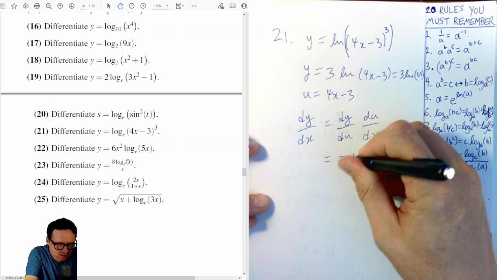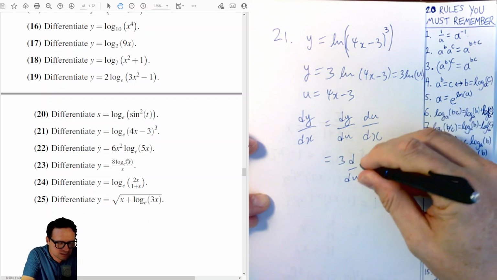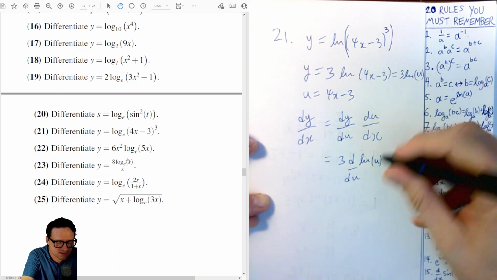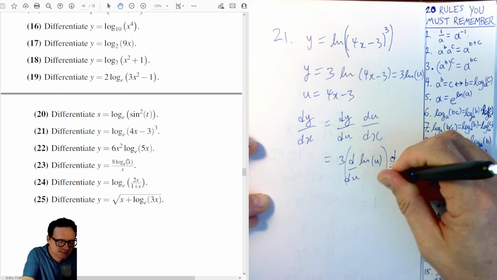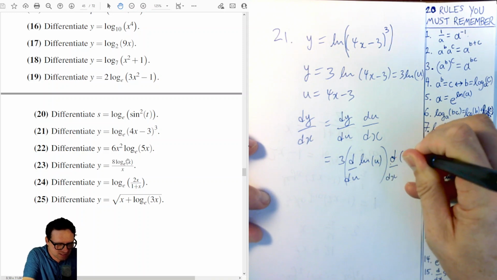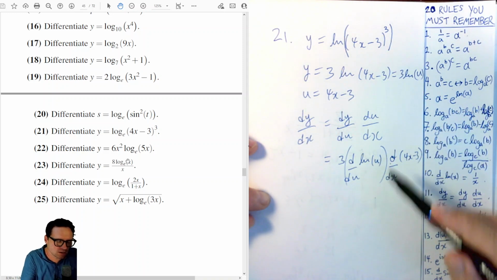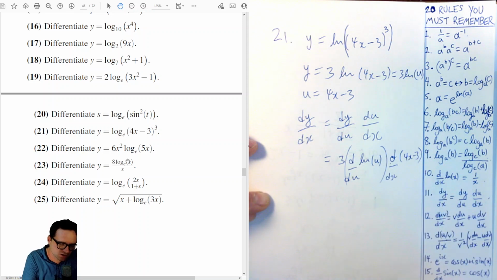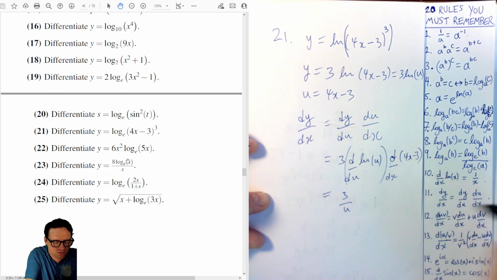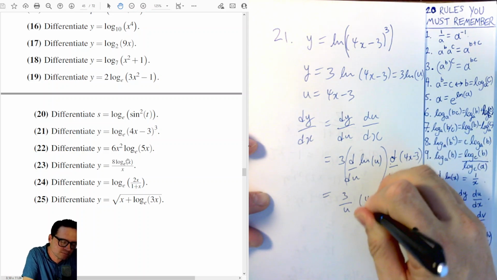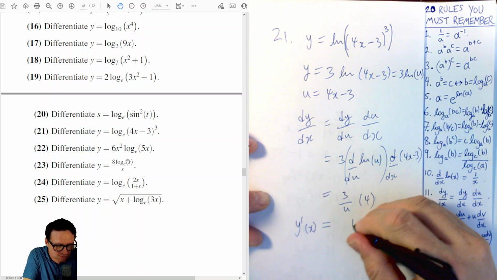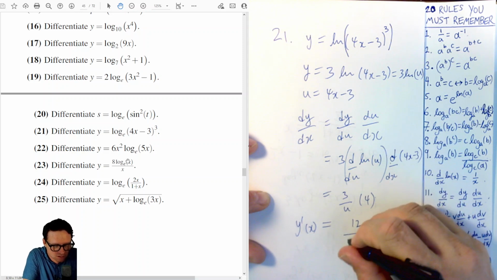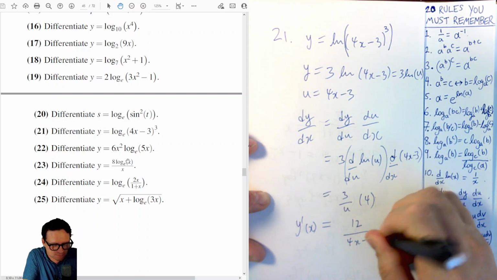So we have 3 d on du of ln of u, and then multiply the result by du on dx, or d on dx of 4x minus 3. Okay, now using rule number 10, this is 1 on u, so 3 on u, and then the derivative of 4x minus 3 with respect to x is 4. And so we have y dash of x is 12 over u, or 12 over 4x minus 3.